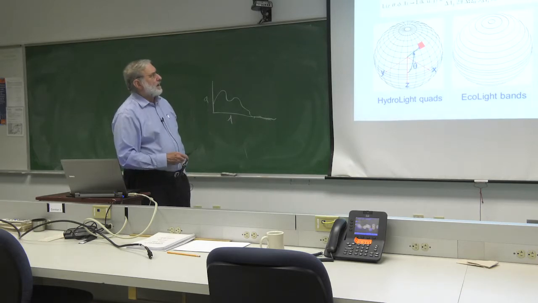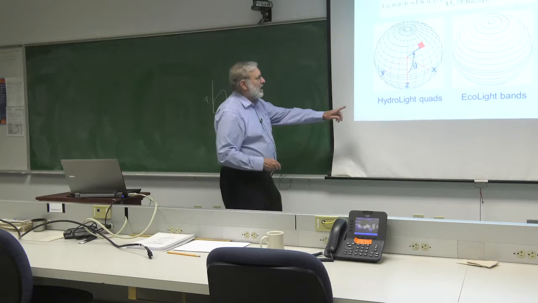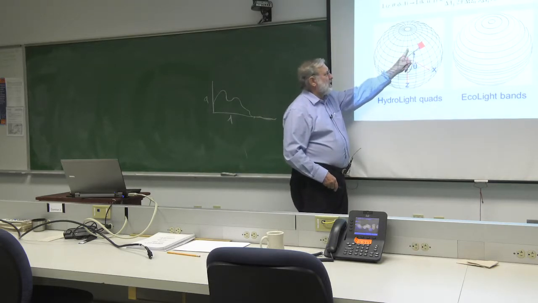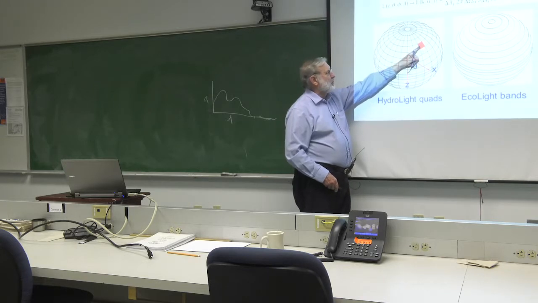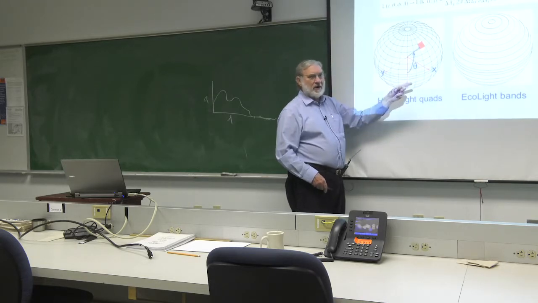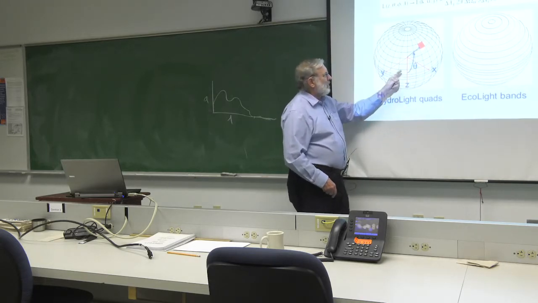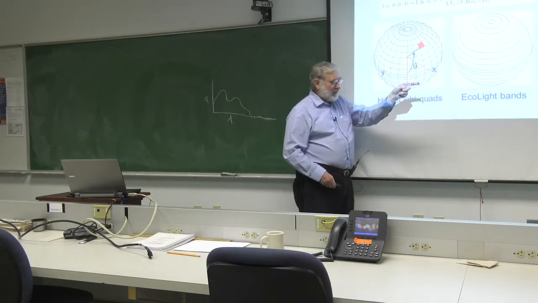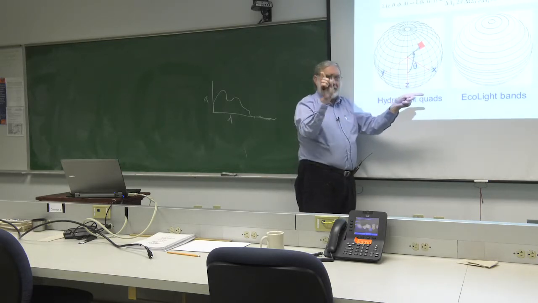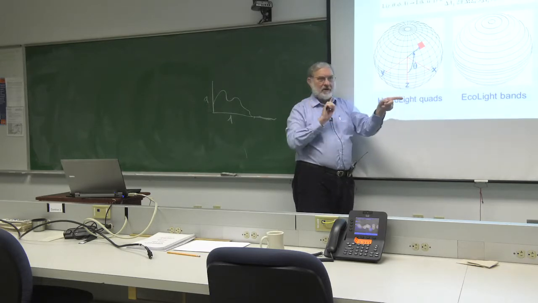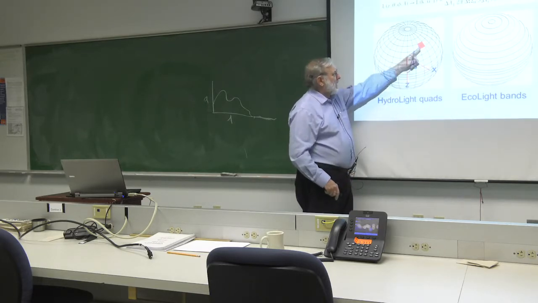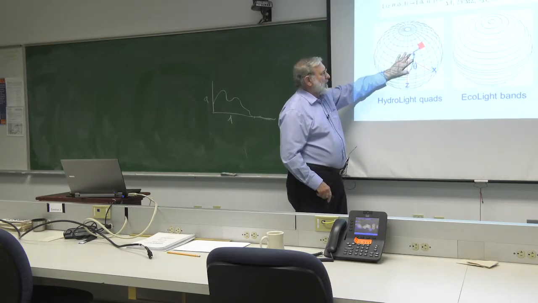Okay, in Ecolight, here's the idea. With Hydrolight, you're solving for the radiance in each one of these little windows. And the runtime is proportional to the number of little windows squared. The reason is, when you're looking at light going into this window, it can scatter into all other windows, and then you go to the next window and it scatters into all other windows. So the math is the number of windows squared.